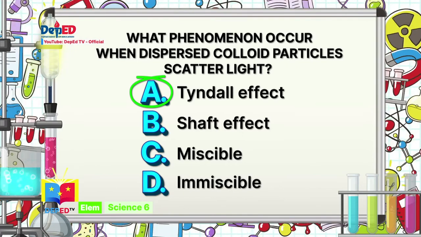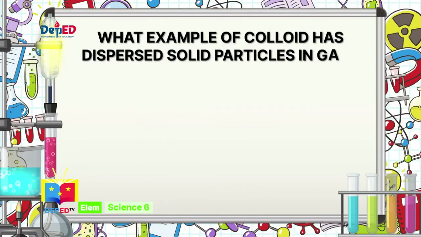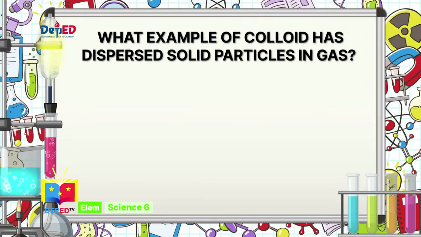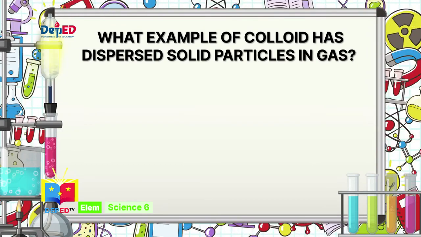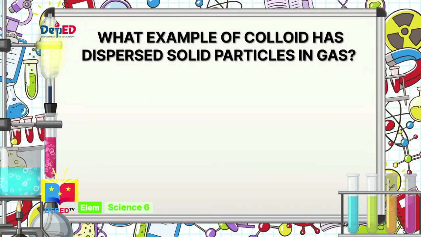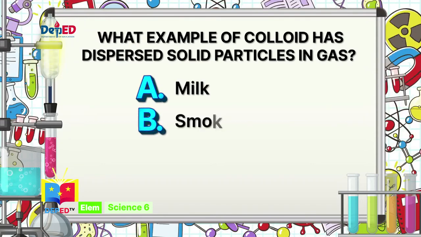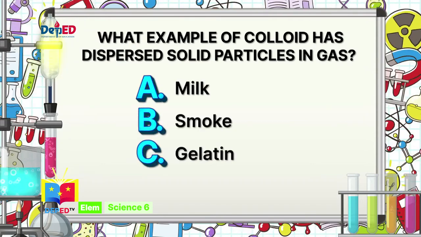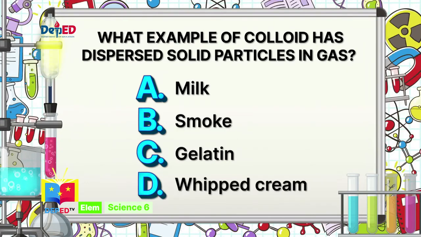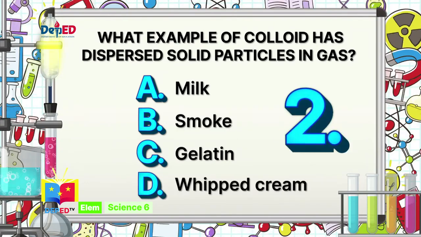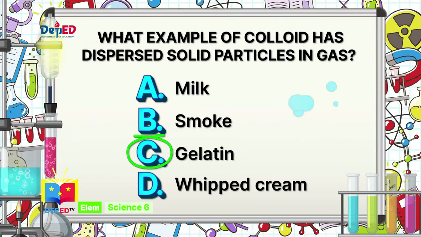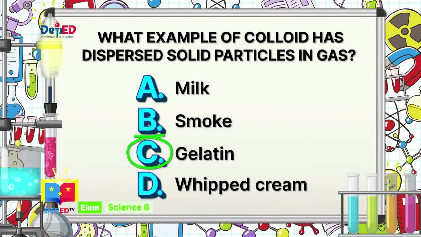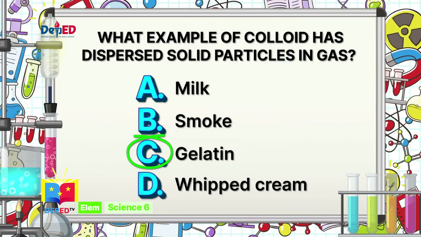Tyndall effect. Number 3. What example of colloid has dispersed solid particles in gas? A. Milk, B. Smoke, C. Gelatin, or D. Whipped cream. The correct answer is C. Gelatin.